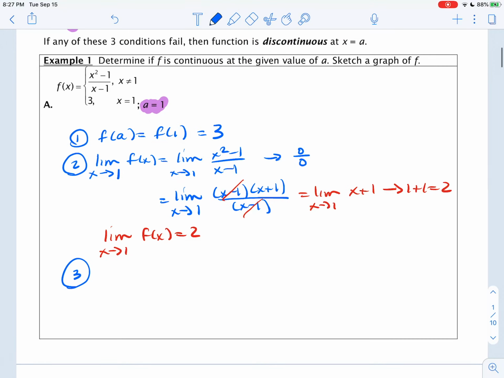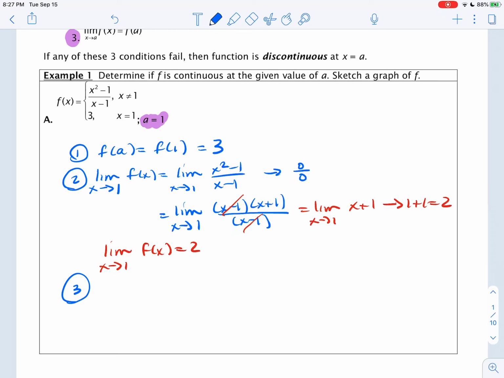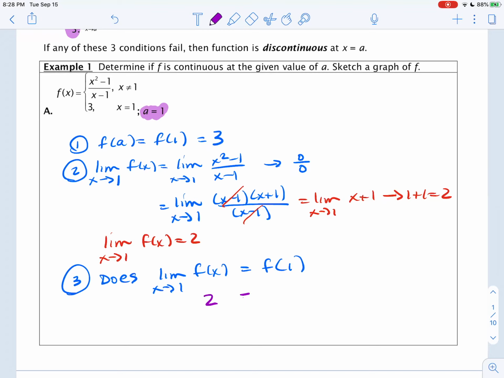So we go back to the final criteria for a function to be continuous, and we ask ourselves, does the limit as x approaches 1 of f of x actually equal f of 1? And if we go back to steps 1 and 2, we're asking ourselves, does 2 equal 3?